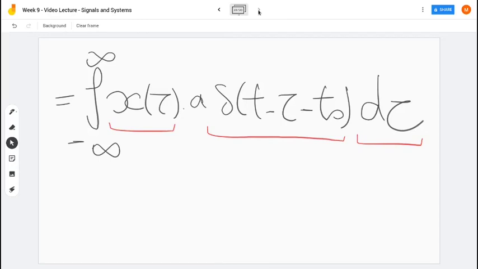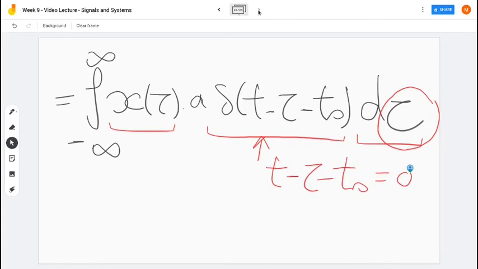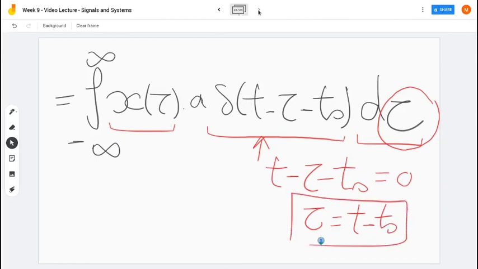So now this impulse is considered as a function of tau because you are performing integration with respect to tau. So this impulse will happen at t minus tau minus t naught equal to 0, in other words, at tau equal to t minus t naught. One might ask why we are looking at this impulse as a function of tau, not as a function of t.